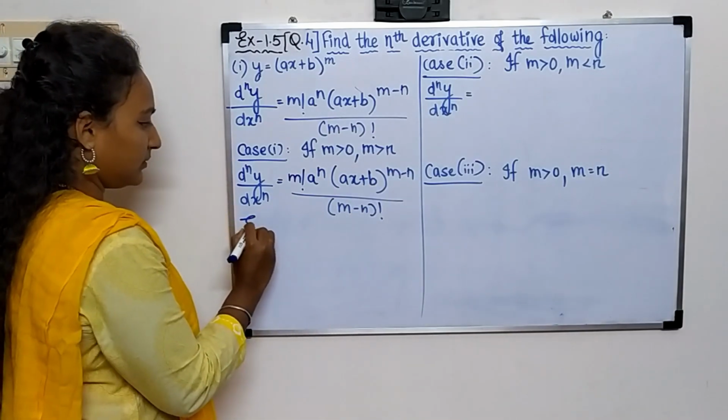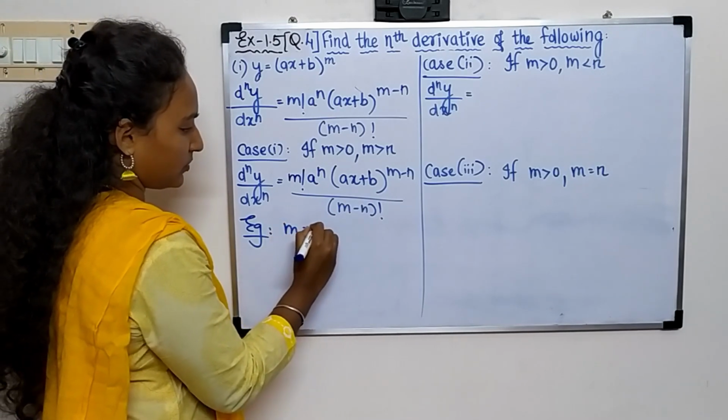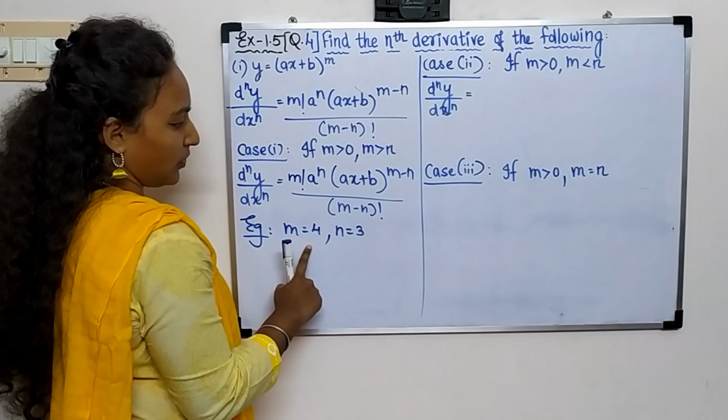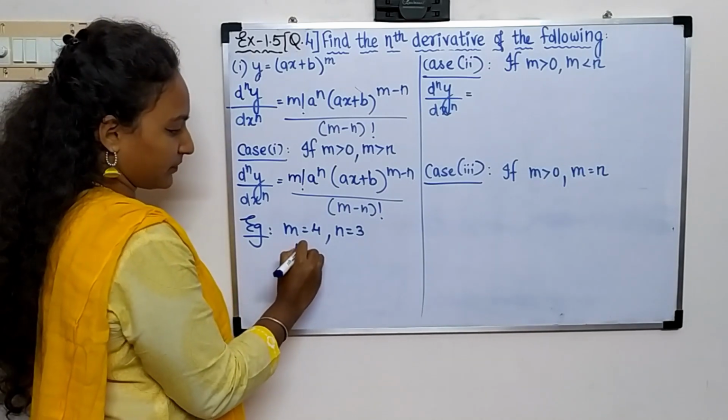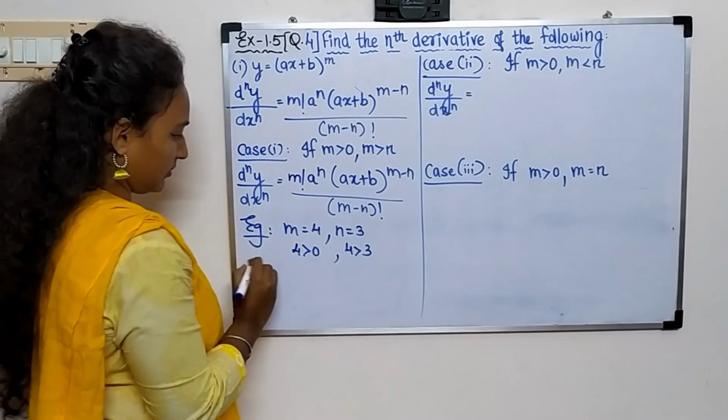For example, suppose if I take m equal to 4 and n equal to 3. 4 is greater than 0 and 4 is greater than 3.